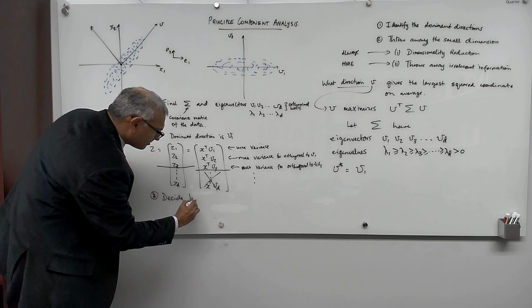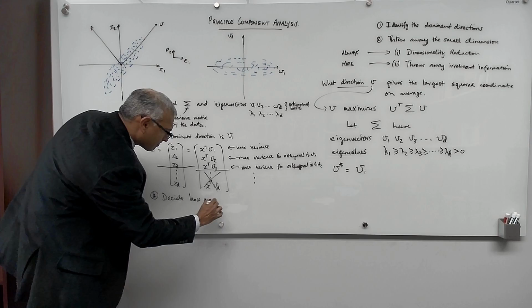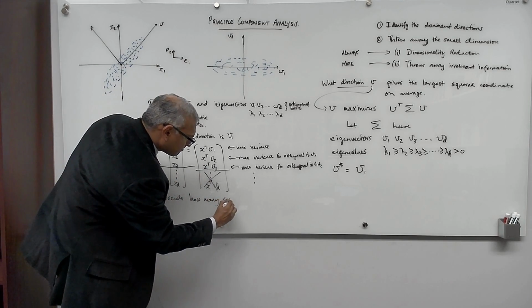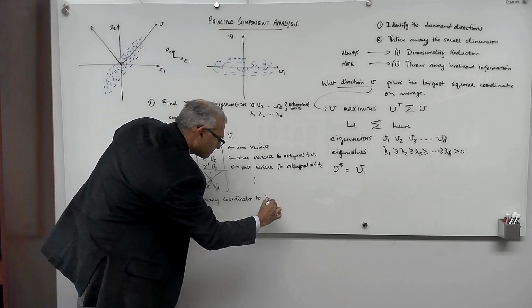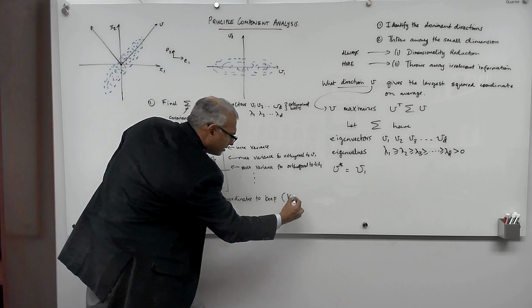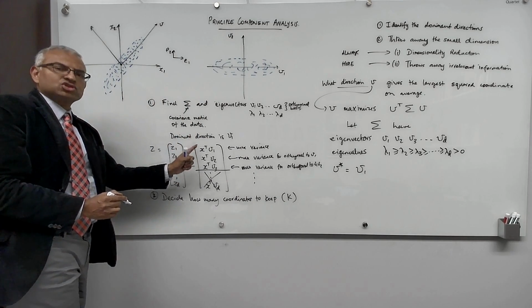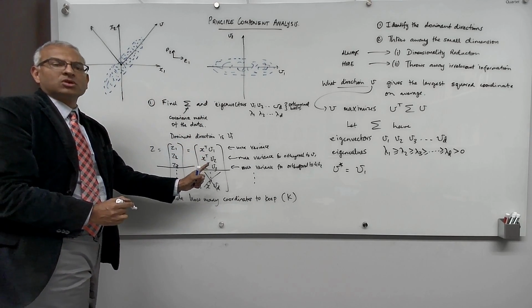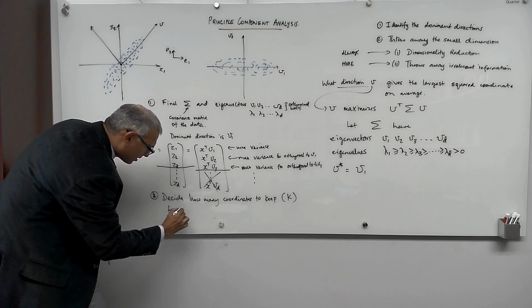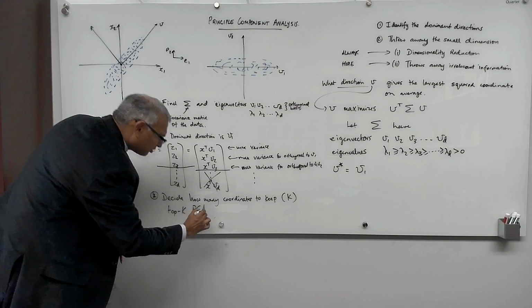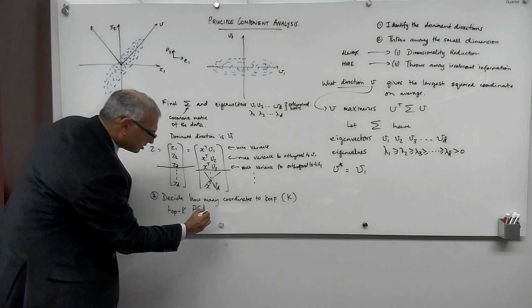how many coordinates to keep. For example, K. And what we call these are the top K PCA coordinates, or the top K PCA directions. So this is called top K PCA, principal component analysis directions.